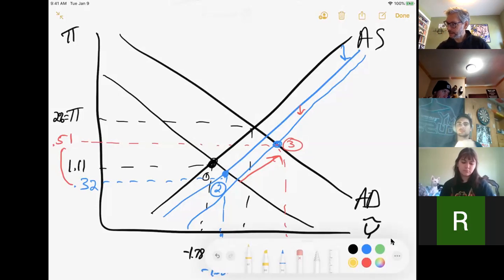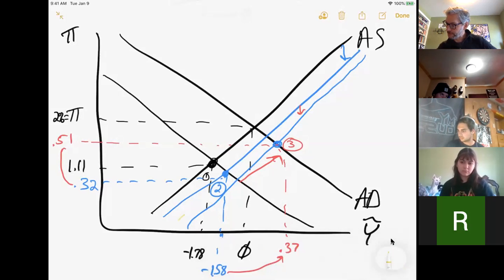And then finally, what happens in period 4? Now aggregate supply is shifting to the left, right? To get us back to short run output. So these graphs just get to be a mess. Wow, that is not even close to being straight, but, right? What should happen in period 4?